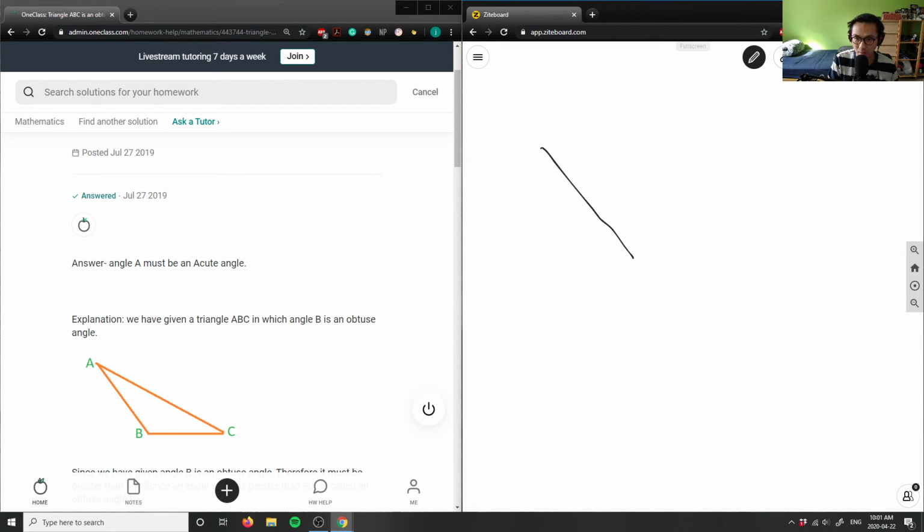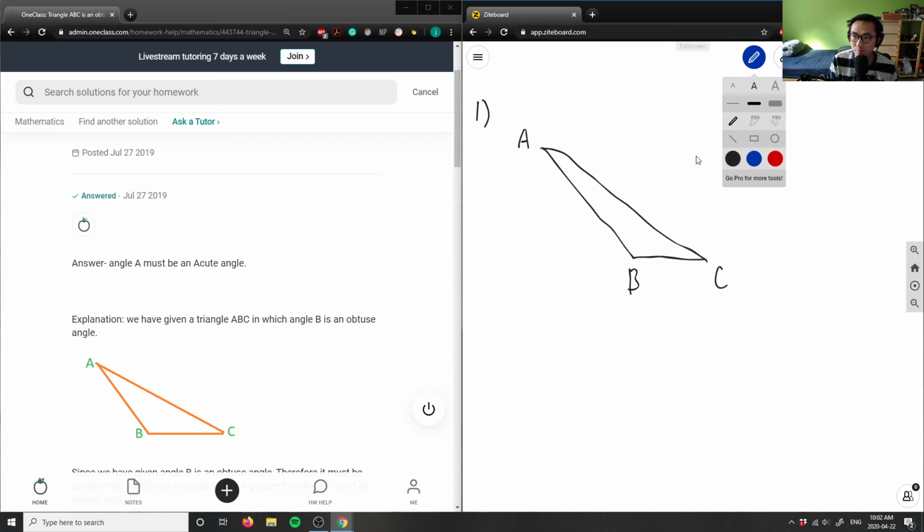It looks something like this, with A, B, and C, and this is question 1. We know that vertex B is an obtuse angle.